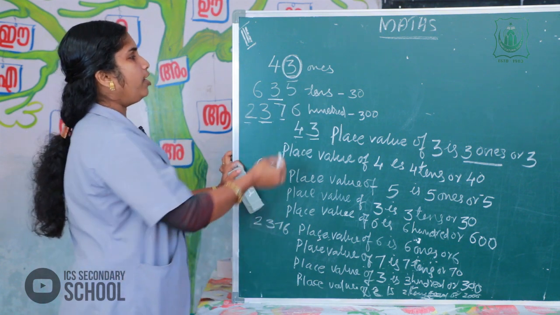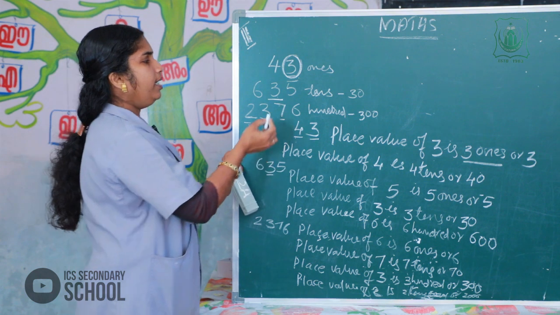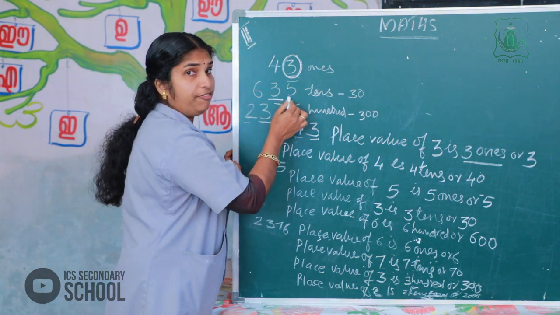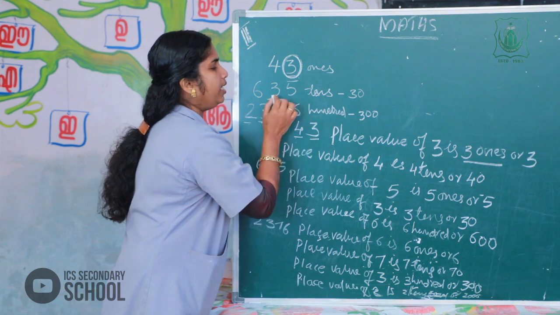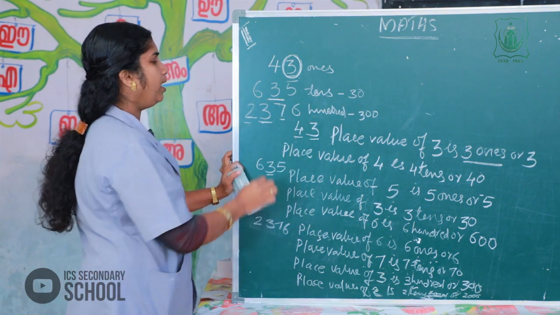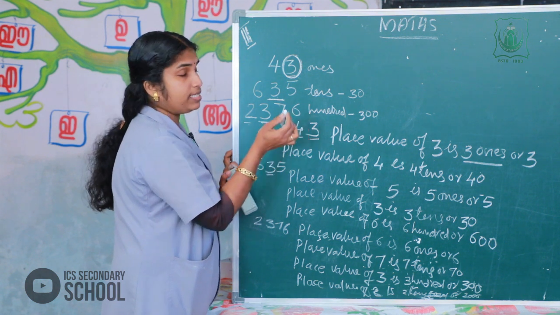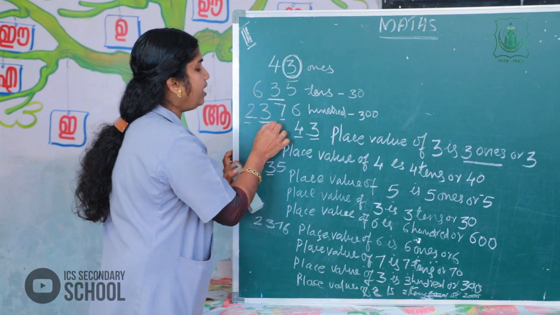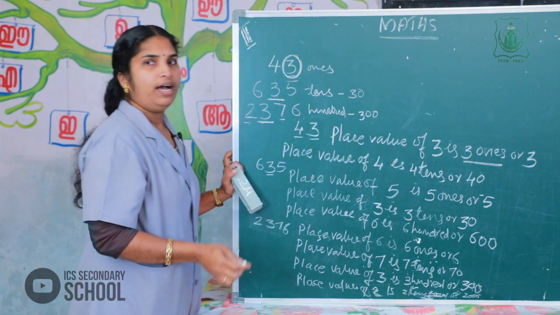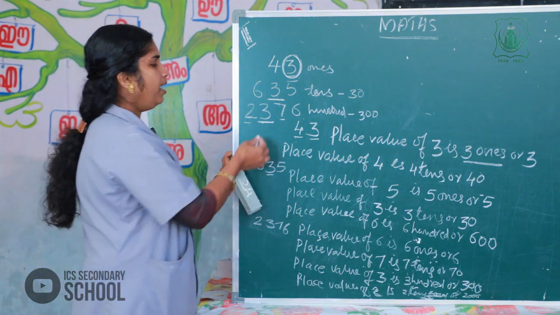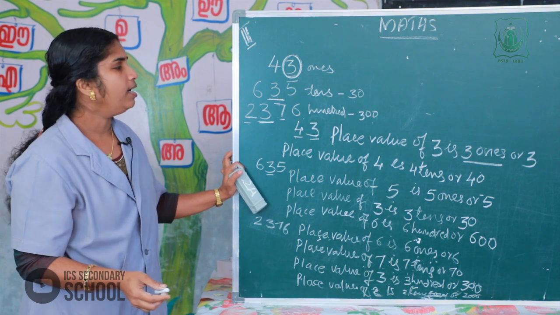Here in 43, the place value of 3 is 3, and in 635, the place value of 3 is 30 or 3 tens. In 2376, the place value of 3 is 300, 3 in the hundreds place, so we write it as 300.